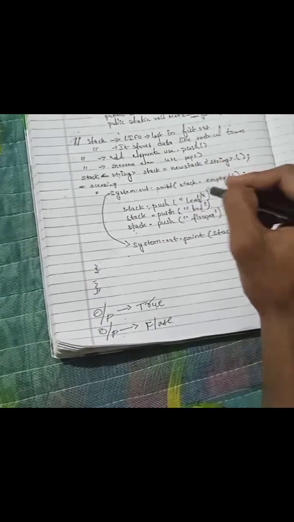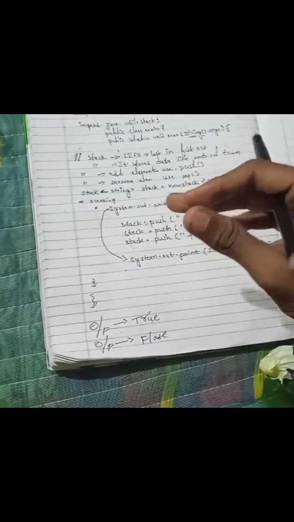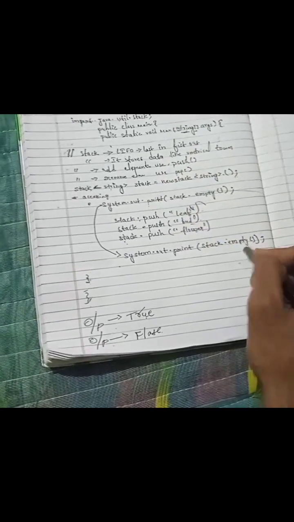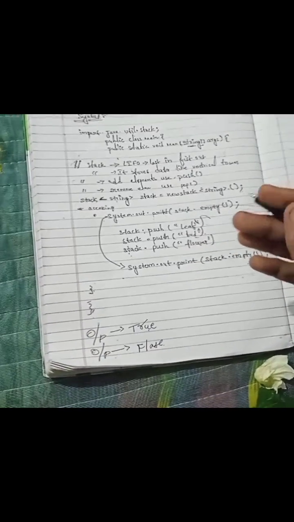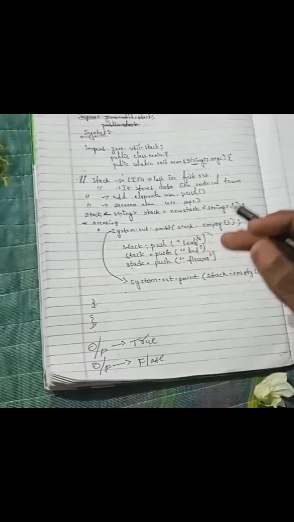The elements fill up the string, so it cannot be empty, and that's why it gives a false boolean. Empty means if the string is empty, it will print true. In this case the string is not empty, so it will print false.